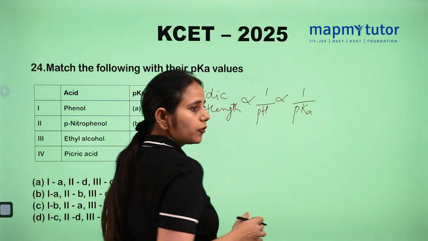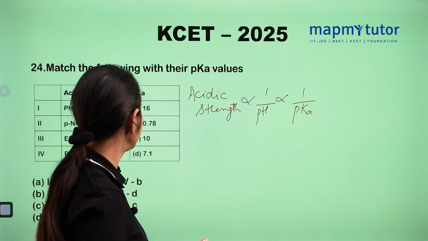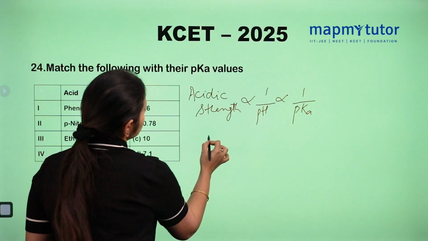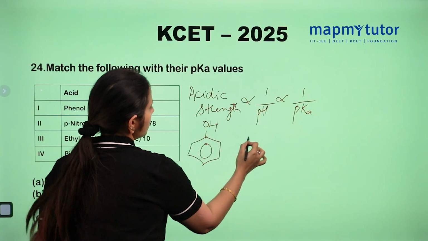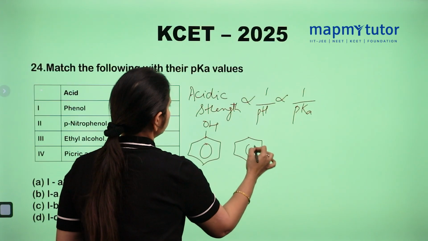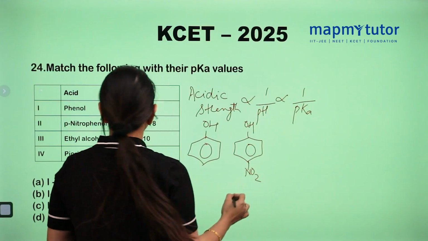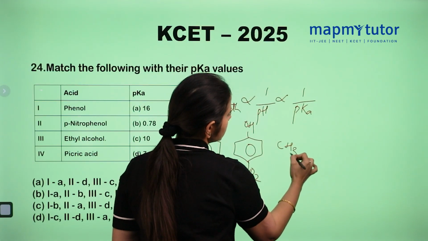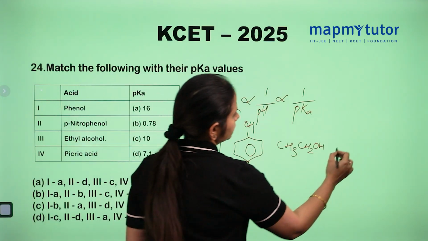The higher the acidity of a compound, the smaller will be its pH and pK values. First, let's see the structure of these compounds. It is given: phenol, paranitrophenol, ethyl alcohol, CH3CH2OH, and picric acid.